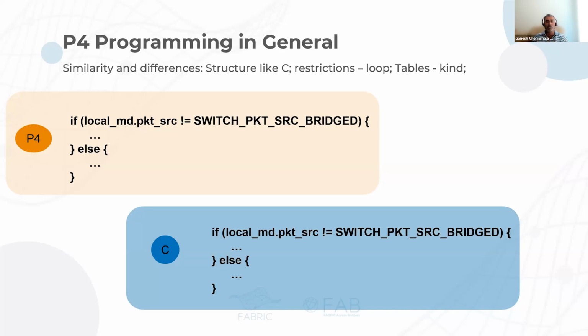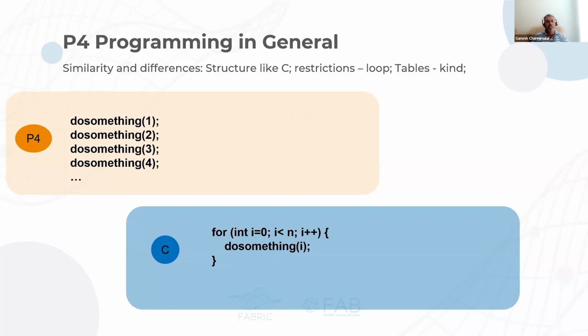Within a control block, you can have an if condition, but there are lookup actions there. If you look up an IP address and then find some action that needs to be executed based on the match, then within the action you cannot have control flow changes at a high level. So this is another example.